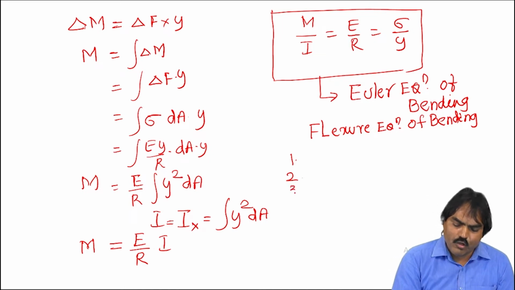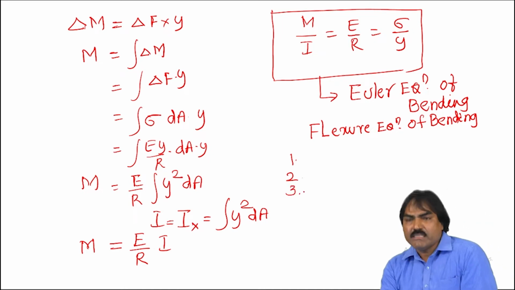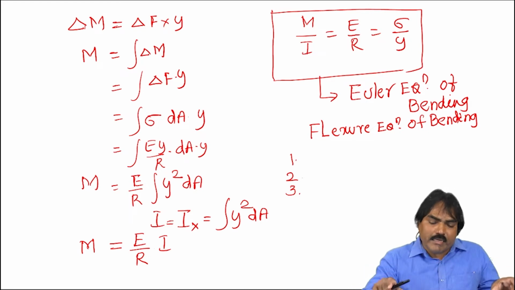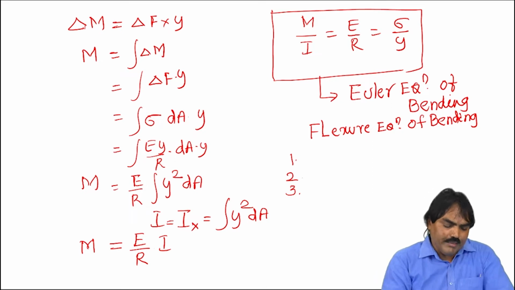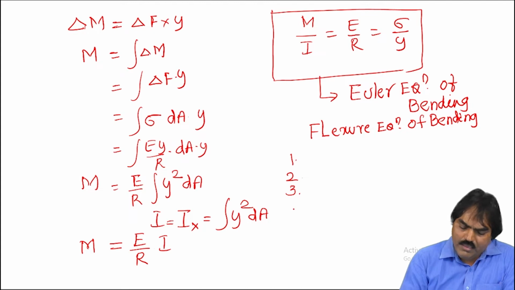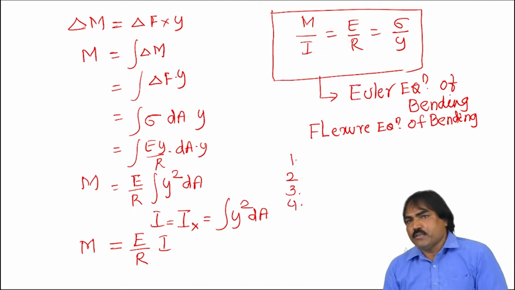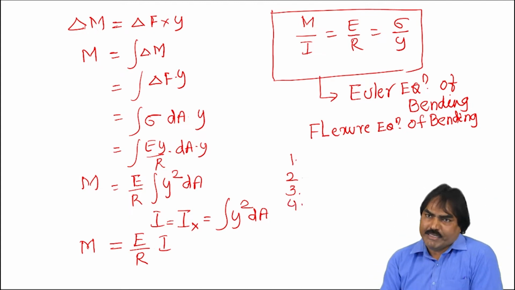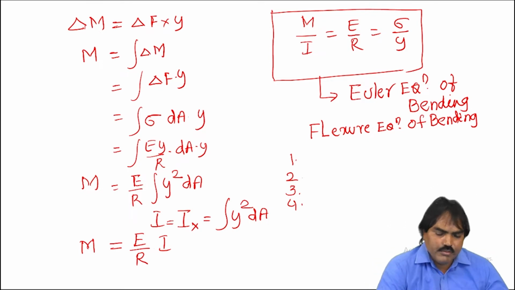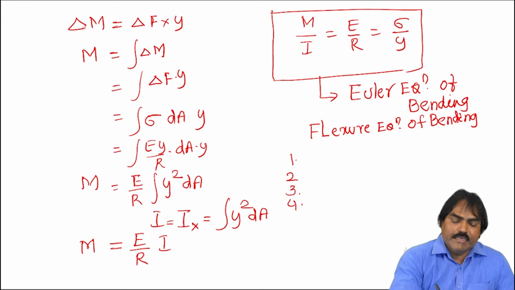The third assumption he made is that the beam is undergoing bending in the form of a perfect circular arc, so that we can apply the equation for the radius of curvature. Anyway, the fourth assumption is common for the entire subject: the load is within elastic limit and Hooke's law is applied. By making these assumptions, Euler arrived at this equation.